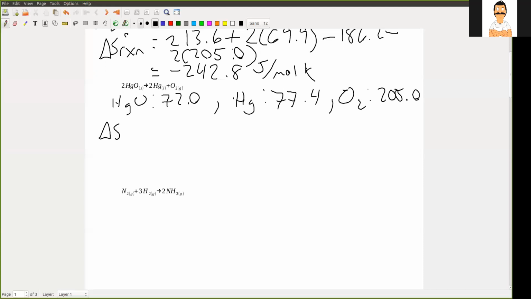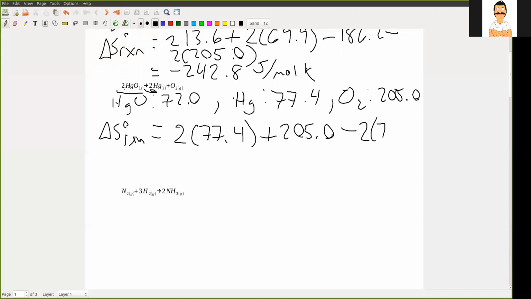So our delta S at standard state for the reaction is going to equal the products. So 2, you're getting that 2 from over here, times 77.4, plus 1 times 205.0, minus the reactants, so minus 2 times 72.0.